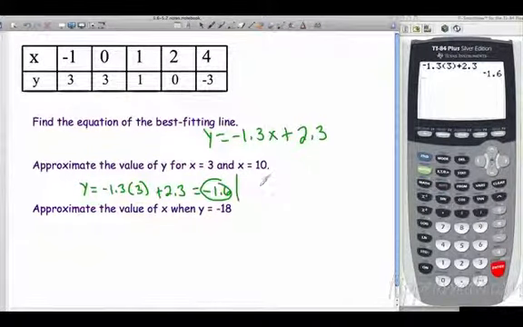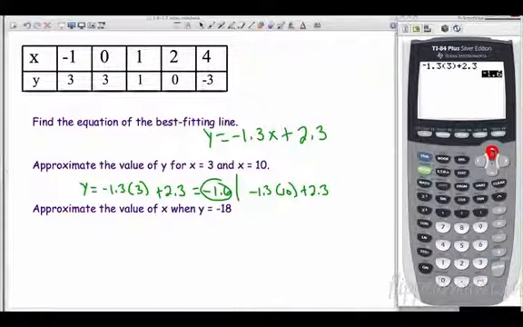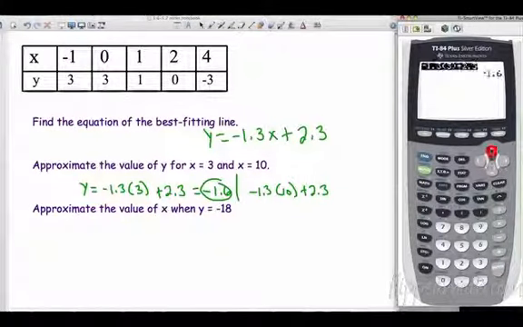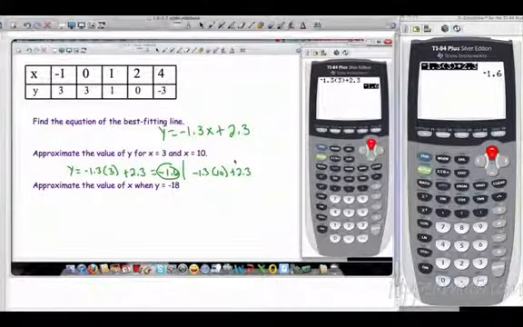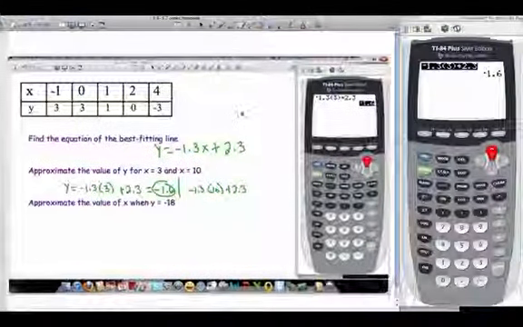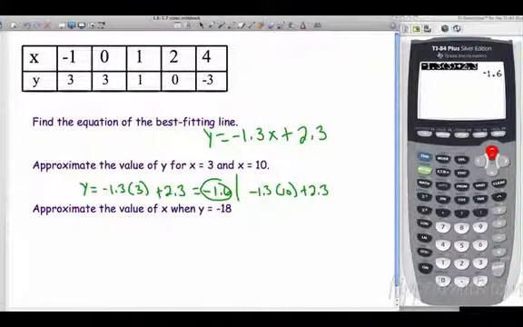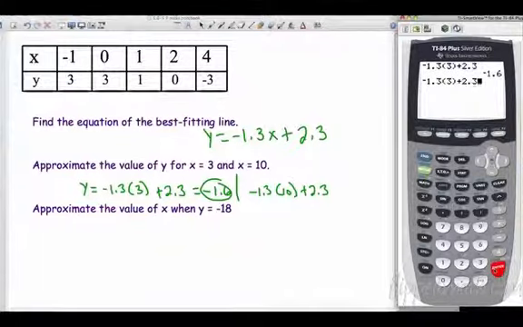Now let's find it for x is 10. What's the only thing here that changes? X is not 3 anymore, it's 10: negative 1.3 times 10 plus 2.3. Here's a great trick. If you go up and highlight your last answer and press enter, we want the exact same thing, but instead of 3, I want 10.